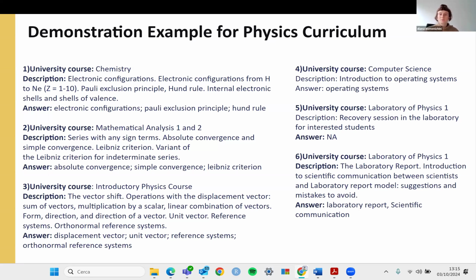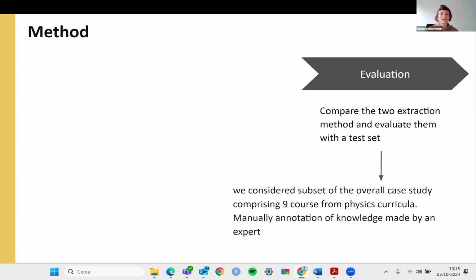Okay. So let's see then the comparison, the results that we obtained. We compared the two extraction methods, and then we evaluated them. For the evaluation, we did not consider the whole case study, but just 9 courses of the physics curricula that have been manually annotated by an expert.